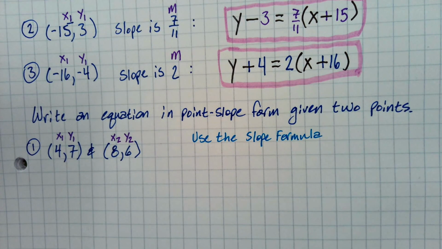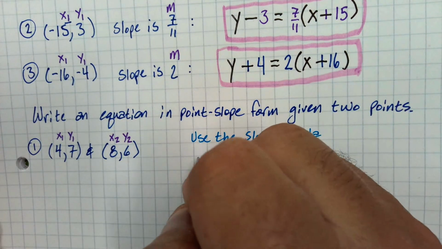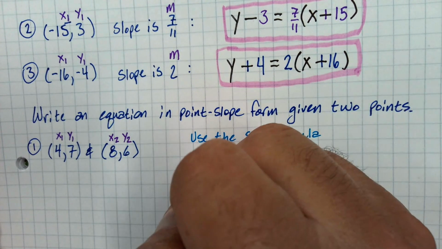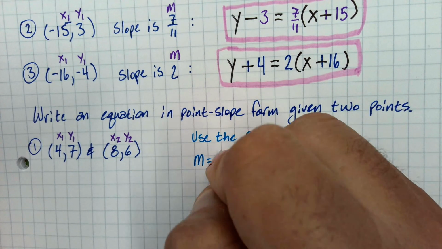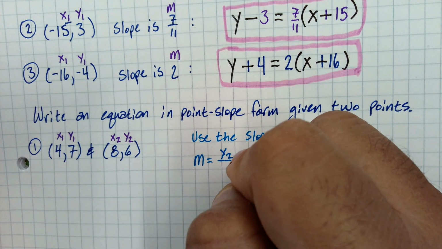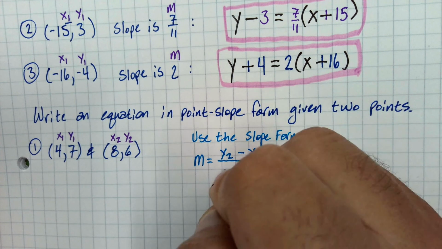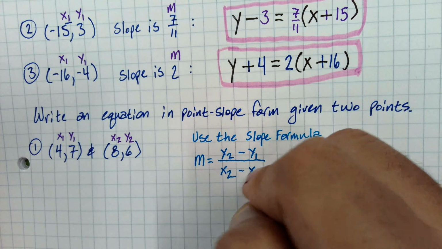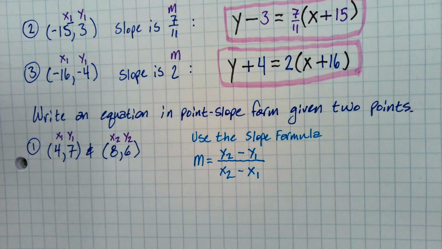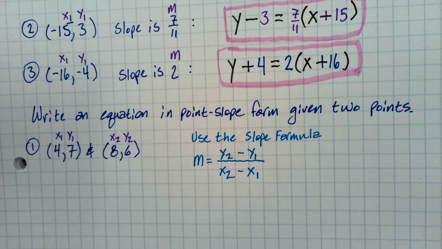Okay. And the slope formula is the following. M equals, we'll just write it down once to have it here. Y2 minus Y1 over X2 minus X1. Basically the difference in Y values over the difference in X values. Okay?